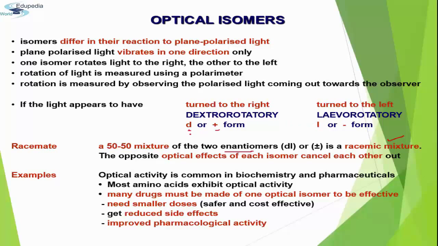So if we study this and have the knowledge, then by careful preparation of that drug, we can reduce or eliminate the formation of the other isomer. Or we can separate the isomers.